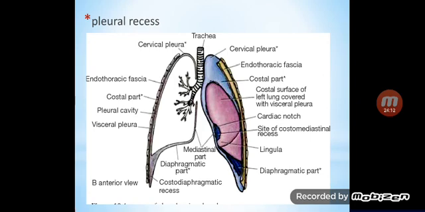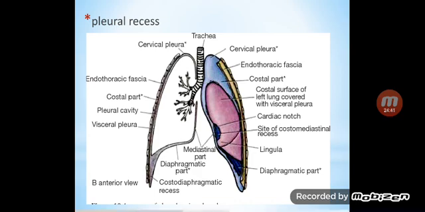There is a term named the pleural recess. What is a pleural recess? They are gaps or small spaces. They form due to reflection of one part of the parietal pleura against another part of the parietal pleura. You know that the parietal pleura has different parts, 4 parts as I said.